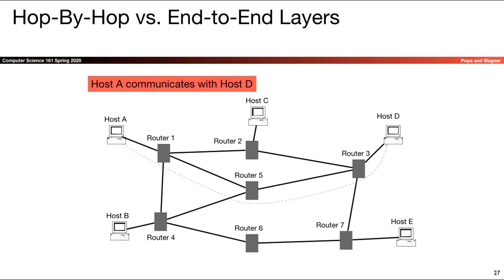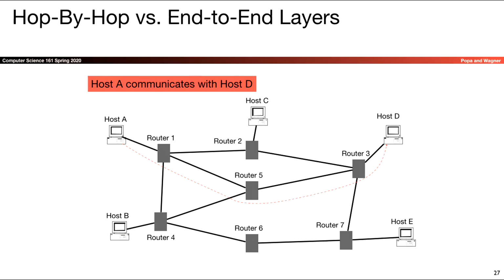Okay? So router 1 is going to get that packet, and it might not know the whole graph and might not know how to get to host D. So what this router needs to know is just enough to figure out how to get a little closer to D. Out of all the machines it's directly connected to, which one gets it a little bit closer?